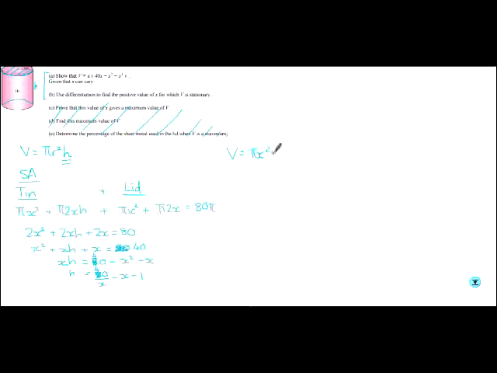Times this, so it's 40 over x minus an x minus a 1. You can see that they've only got pi outside, so let's expand this and then refactorize it. So we're going to have 40 pi x squared over x, I'll deal with this in a minute, minus pi x cubed minus pi x squared.